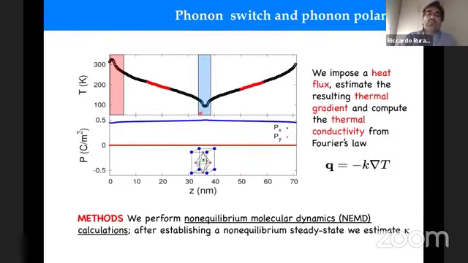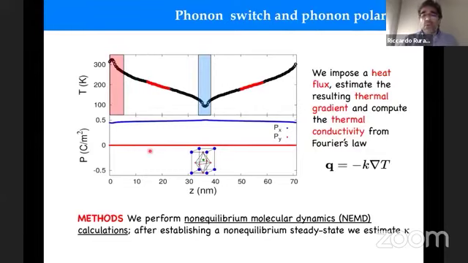In this graph, please only look at this half because it's mirrored for technical reasons of the calculation. You see the temperature as a function of the position, and the temperature is dropping from the hot to the cold value. If you look here in the middle, you can see a linear region, and by making use of Fourier's law, you can calculate the thermal conductivity of your system.